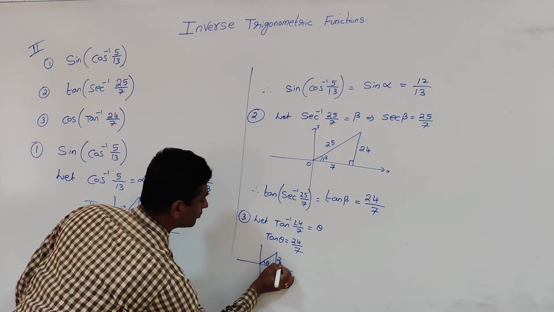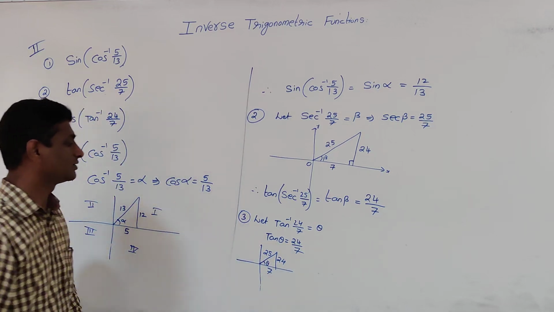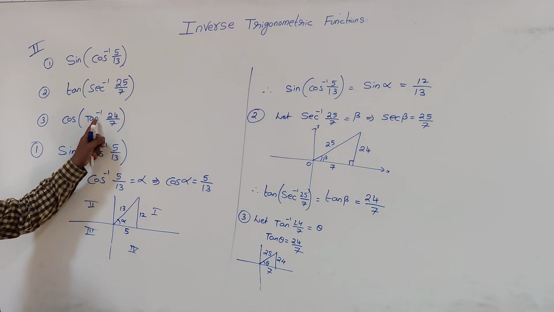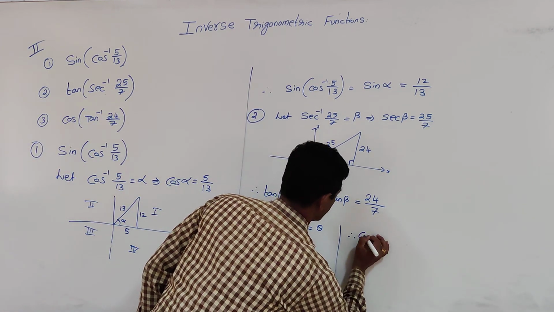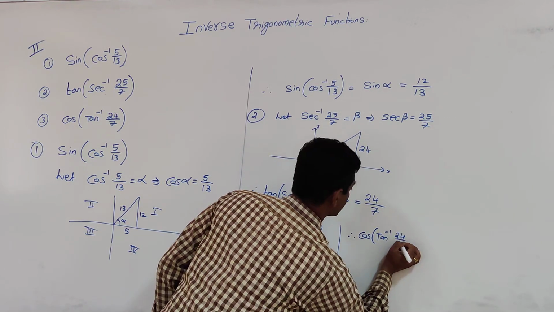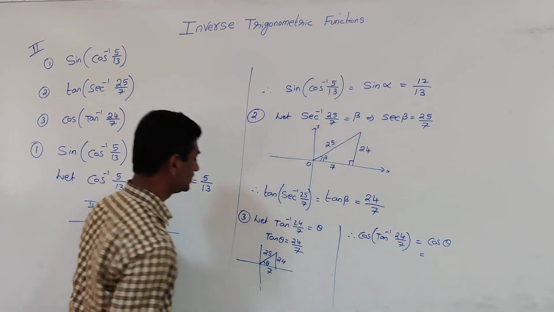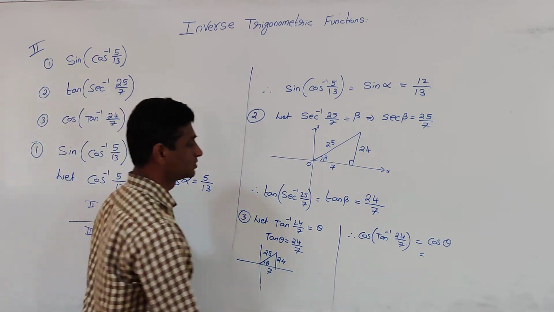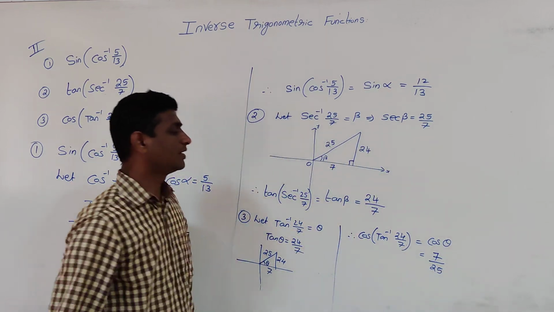Opposite side is 24, adjacent side is 7, and the hypotenuse will be 25. Now the question is cos of tan inverse of 24 by 7, which is equal to cos theta. From the right angle triangle, cos theta is adjacent side by hypotenuse. So adjacent side is 7, and 25 is the hypotenuse, so it is 7 by 25.